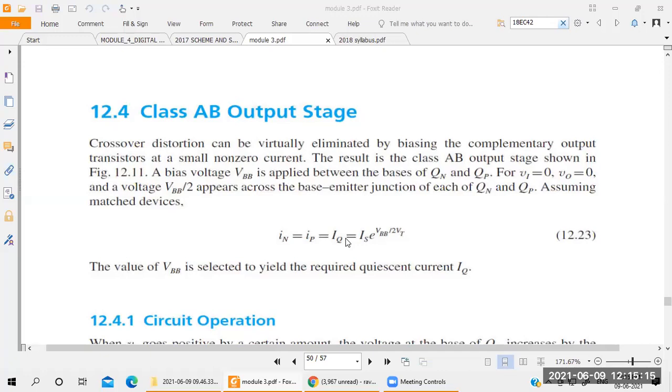Saista. Yes, sir. What is the output waveform? Class AB.